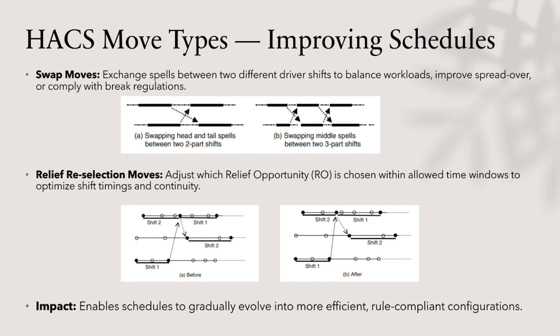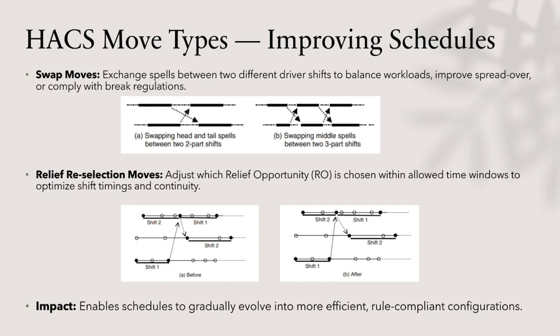HACS uses two primary types of moves to refine schedules: swap moves and relief reselection moves. Swap moves exchange spells between different shifts, helping balance working hours and avoid long idle times.